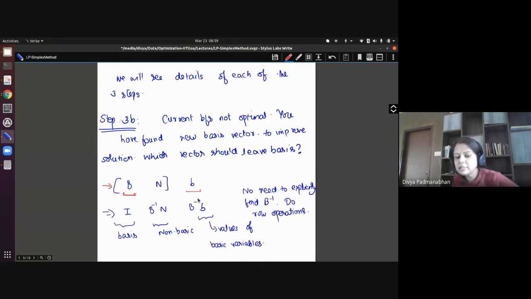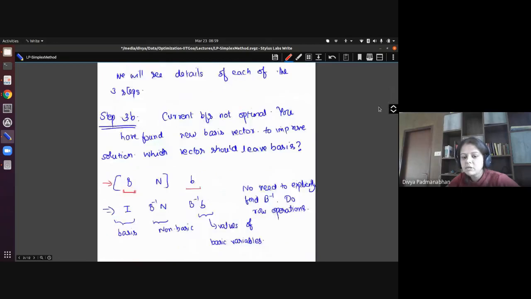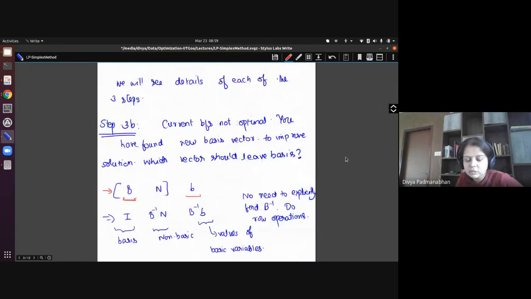Now, one thing in simplex is that it always tries to maintain this basis as the identity. You can have different types of bases. So far, in all the examples we saw, we didn't have it as identity, but for simplicity, if you can transform the basis to identity, you just left multiply the whole system with B inverse.